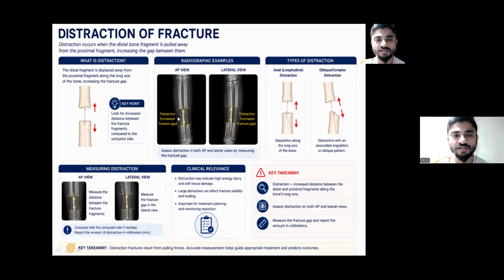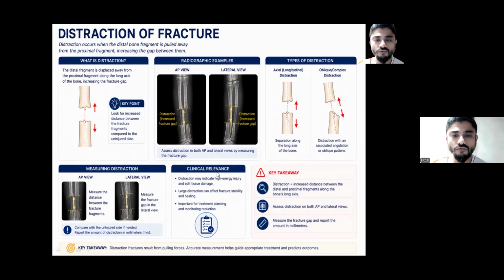In a distraction fracture, there is an increased gap at the site of fracture. The distraction kind of fracture happens because of longitudinal pulling-away forces. Distraction kind of fractures might have associated angulation, and then you label it as complex distraction.